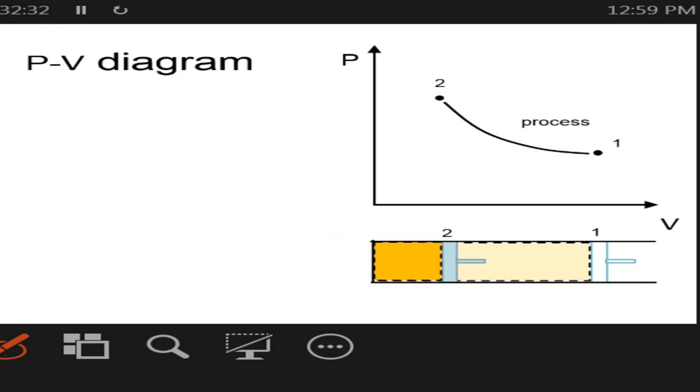Here's the next slide. Let's start at state 1 and go to state 2 in this direction. What we'll do is on the x-axis, we'll plot volume, and on the y-axis, pressure. Conceptually, line up a piston cylinder directly underneath, and the system defined as the gas trapped inside the piston cylinder. If the piston's way over here, what is the volume? 0. And the pressure? Probably infinite. But we start with the system right here at state 1 where it's lined up.